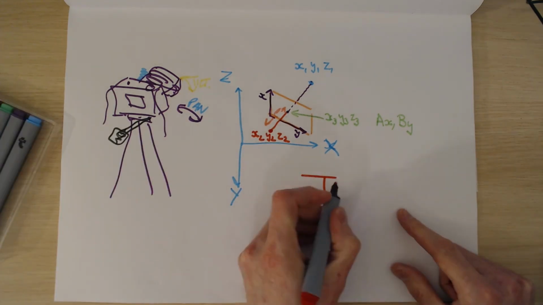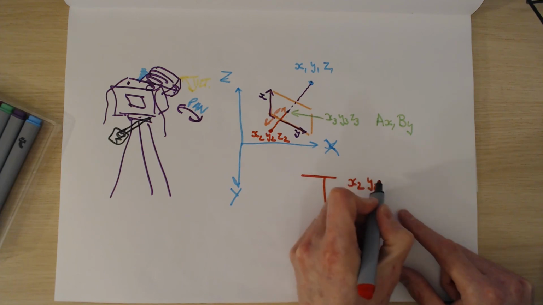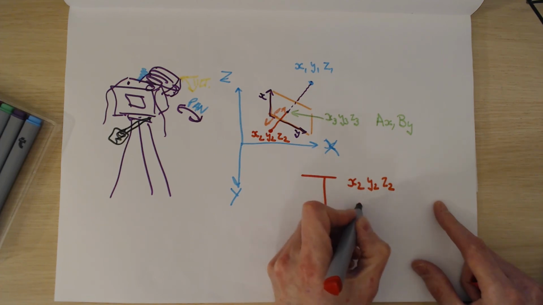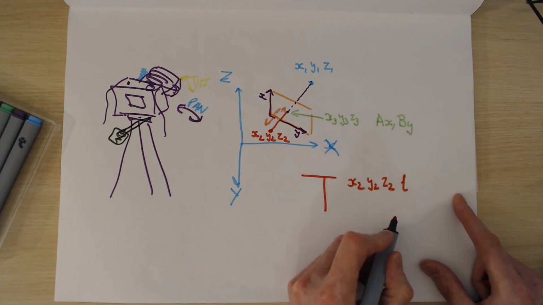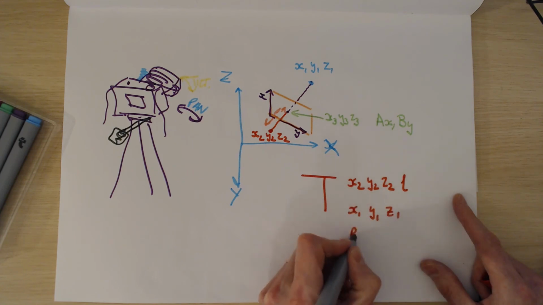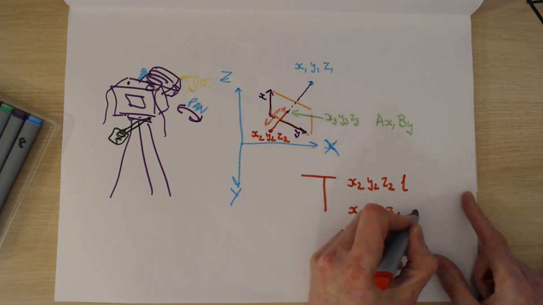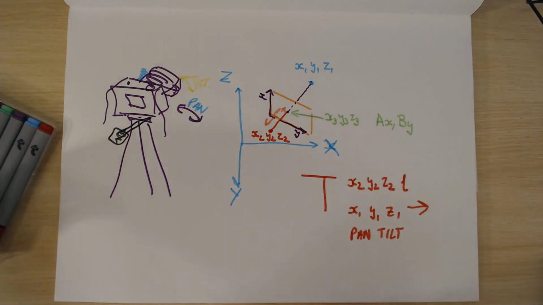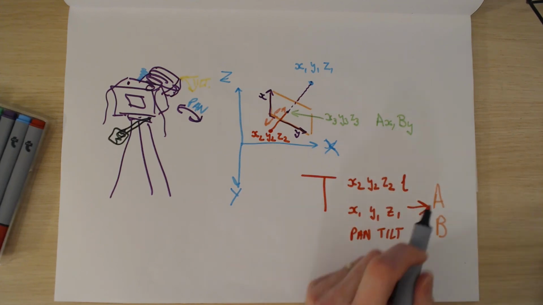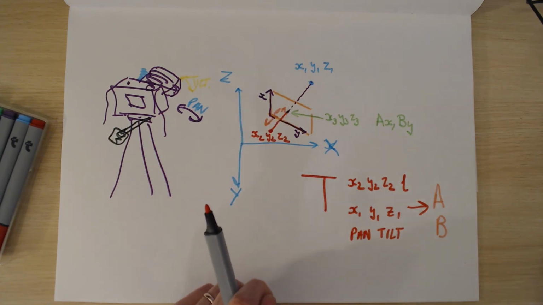So we're going to transform from x2, y2, z2, L, and x1, y1, z1, pan, tilt, and that transform is going to give us two numbers, A and B, and then A and B tells me where to plot my point on my 2D monitor.